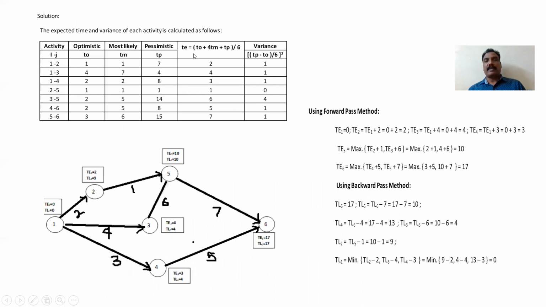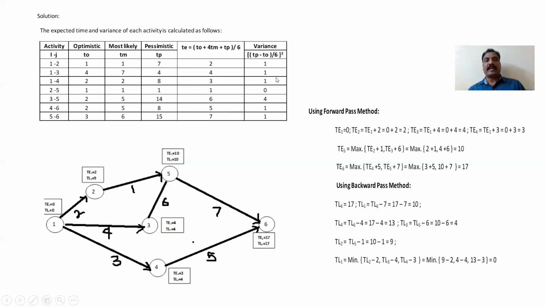Here the formula for calculation of single period time, TE is equal to T0 plus 4TM plus TP, whole divided by 6. So that is T0 is 1, plus 4 of TM, plus 7, whole divided by 6. Like that, for every activity you have to calculate the TE values. Just substitute the respective values, you will get this.